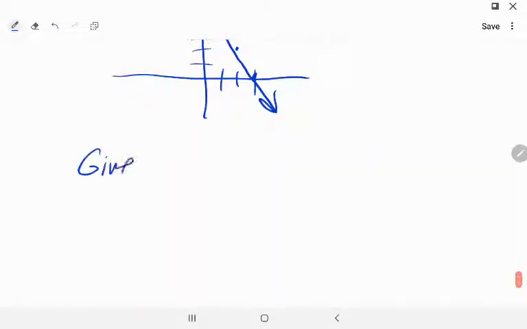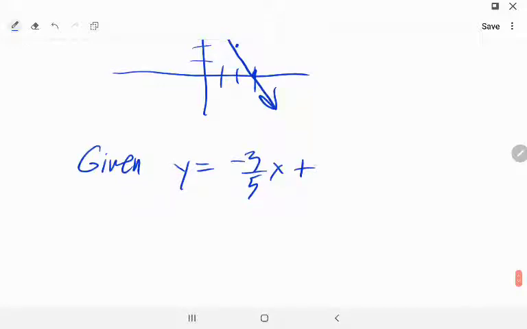Given y equals negative 3/5 x plus, let's make it negative 6. Just to be a little bit different.